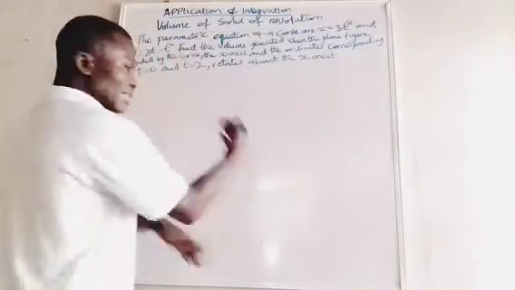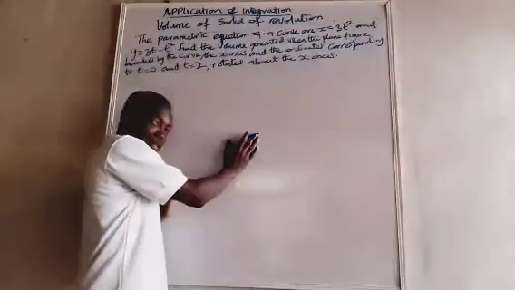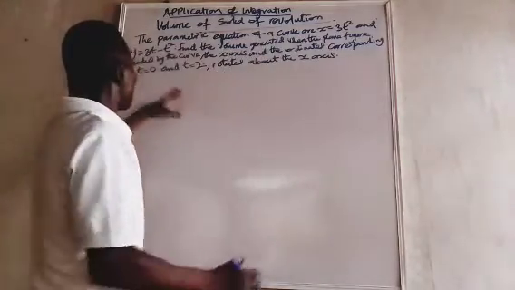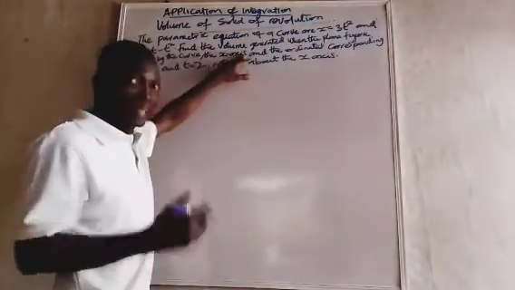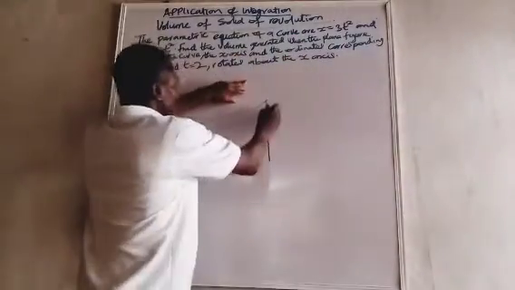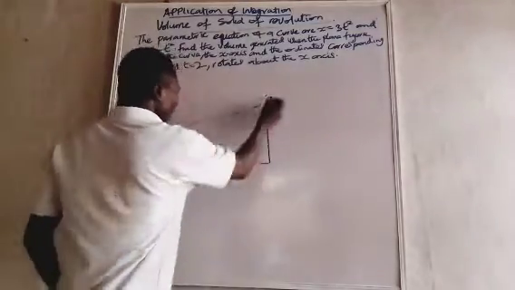You can see, rotate about the x-axis. They have told us the shape that rotates. Is that clear now? The plane figure is between the curve and the x-axis, and the ordinates corresponding to t equals 0 and t equals 2.